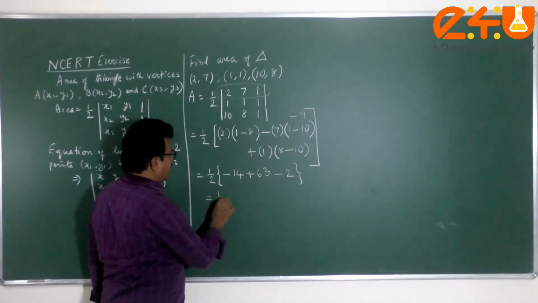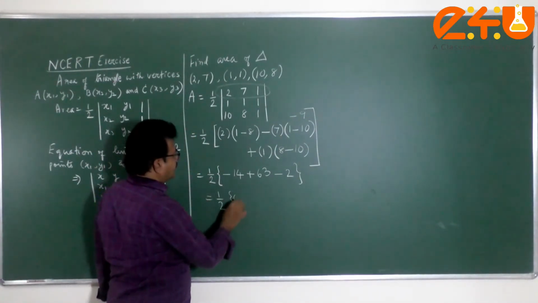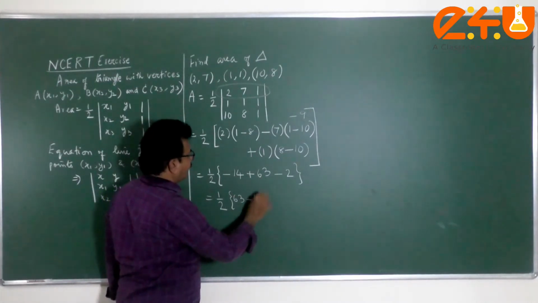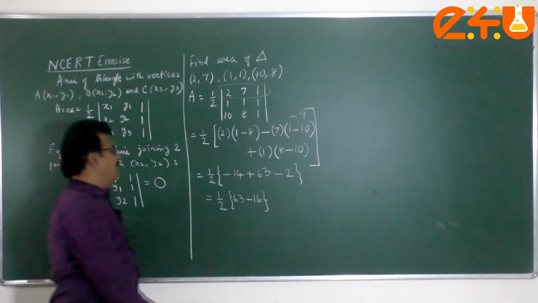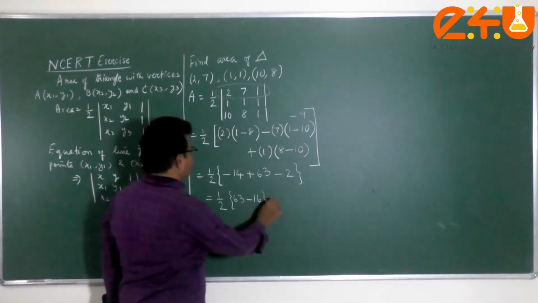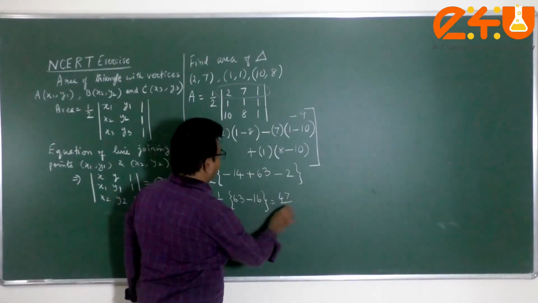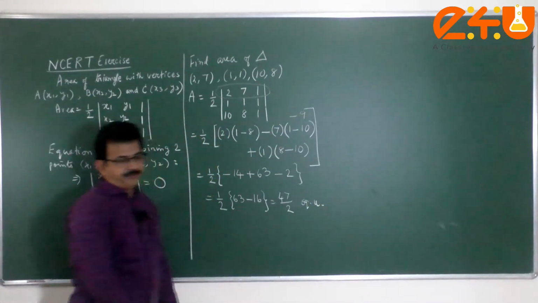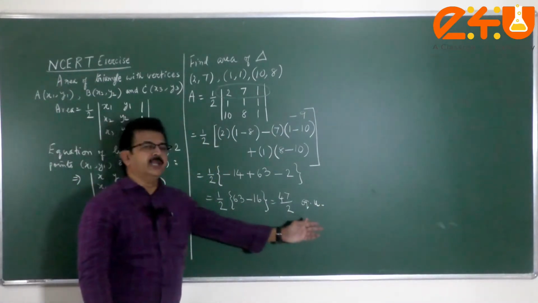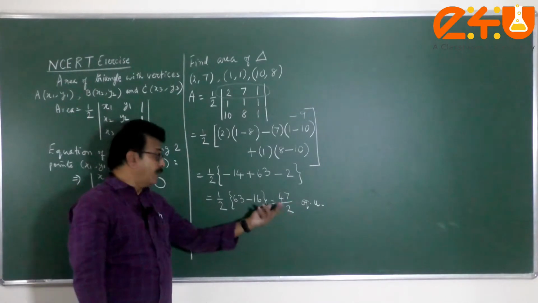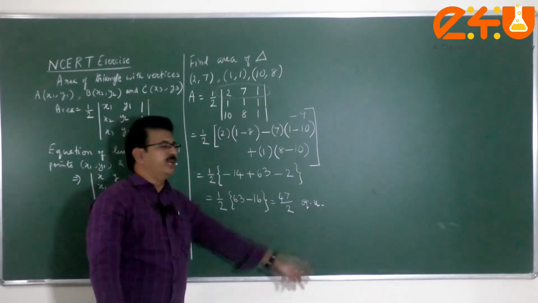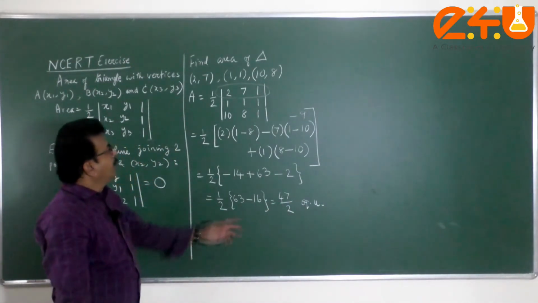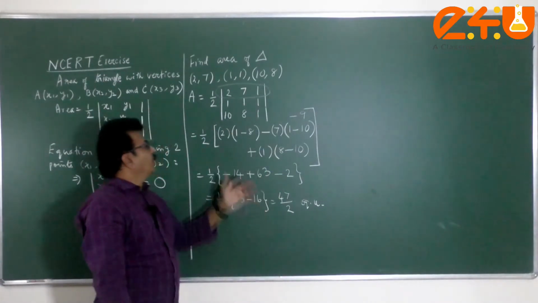So the answer is half of 63 minus 16, which means it is 47 by 2. Students, always end the question with 47 by 2, the number as well as square units for area. So it's a simple procedure, the usual method.